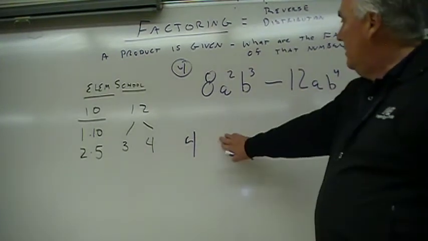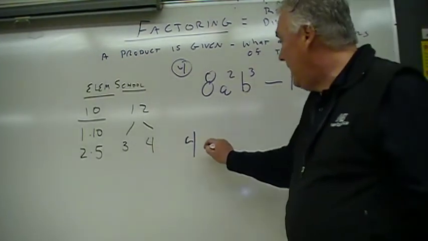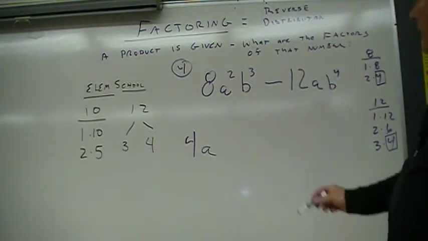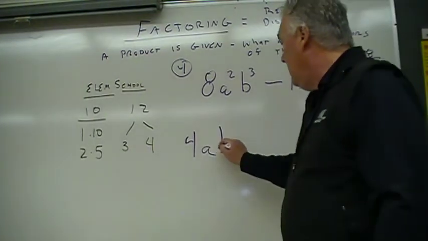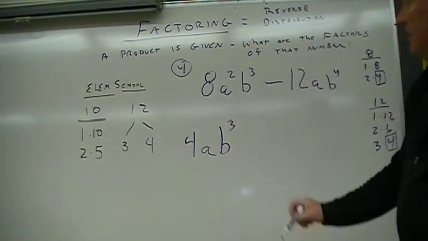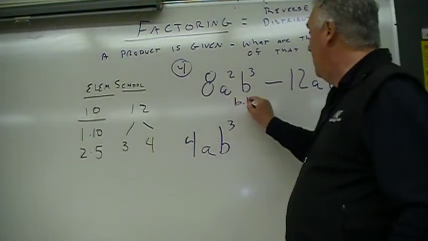Okay, so 4 goes in. a squared and a. What's in common? 1 a. b to the 3rd, b to the 4th. What's in common? b to the 3rd. There's 3 here, there's 4 here. They have 3 in common.